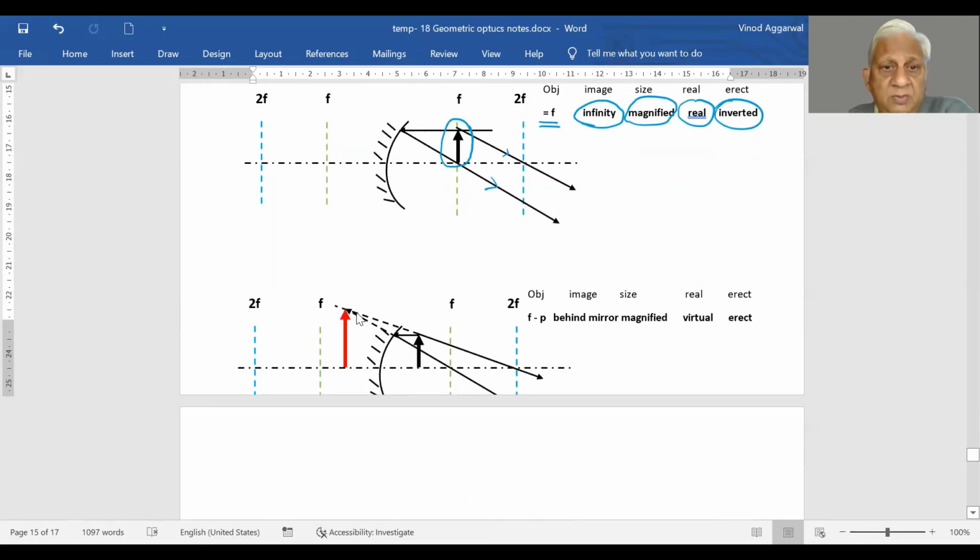We still come closer, between pole and f, or 0 and f. Then our image is no longer real, it becomes virtual and erect. At the same time, it gets magnified.